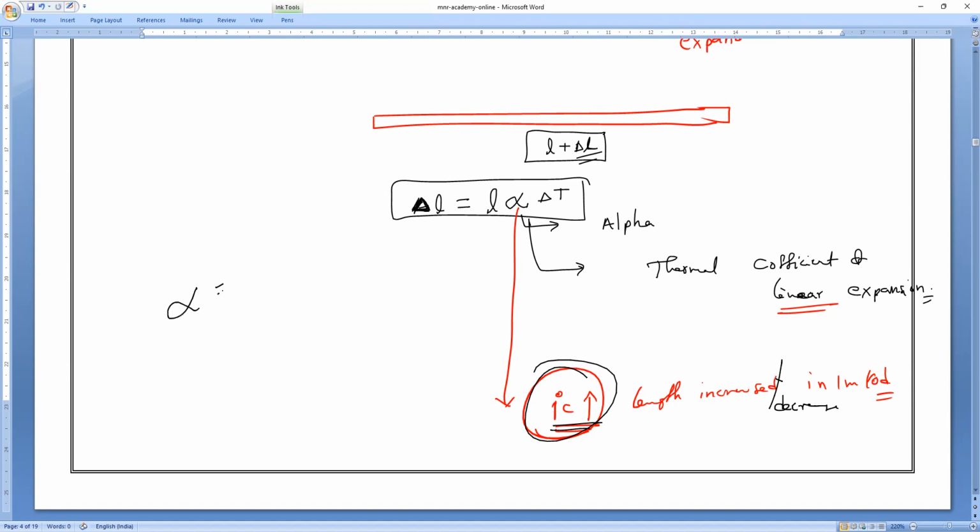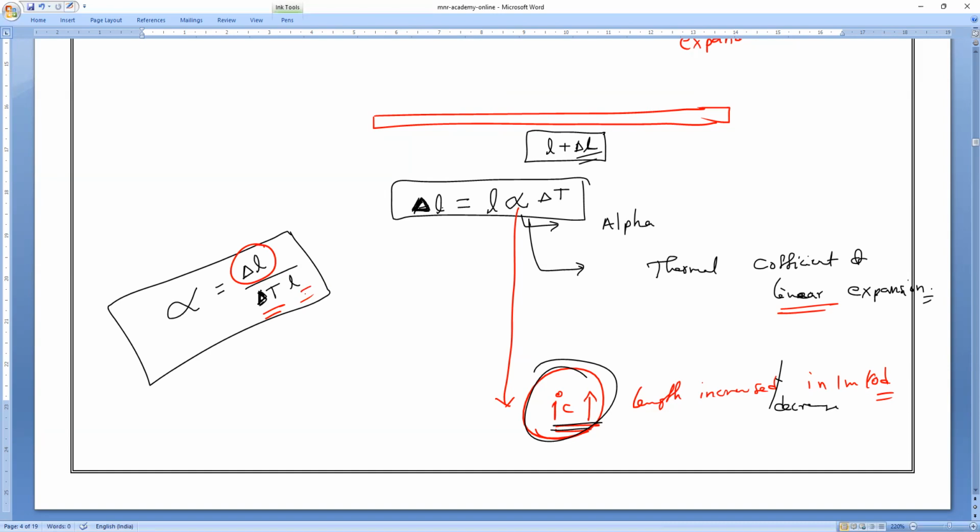Alpha means the change in length, either increased or decreased, per 1 degree change in temperature per unit length. That is what we call alpha.